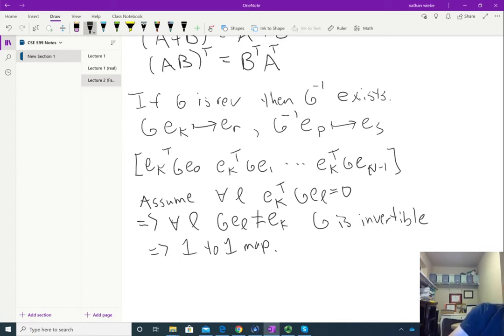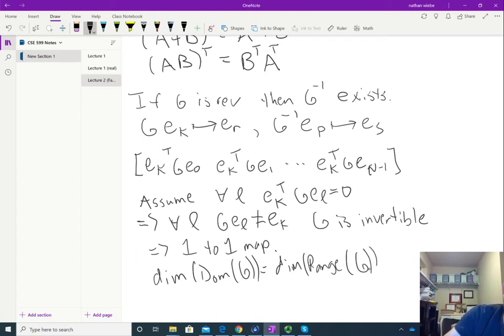However, the dimension of the domain of G is equal to the dimension of the range of G. Ergo, it's impossible that the function can take every input and map it to a unique output without having every single element represented.